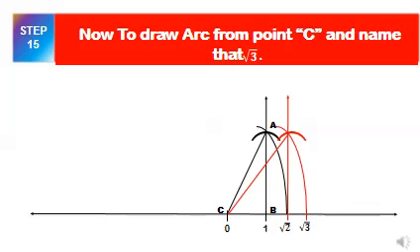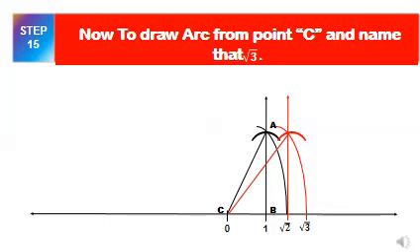Okay, so students, now our last step is to draw an intersecting arc as we have drawn earlier. To draw that, we will keep our rounder or pointer at point C, and from that point C we will stretch it up to the new arc which we had made.